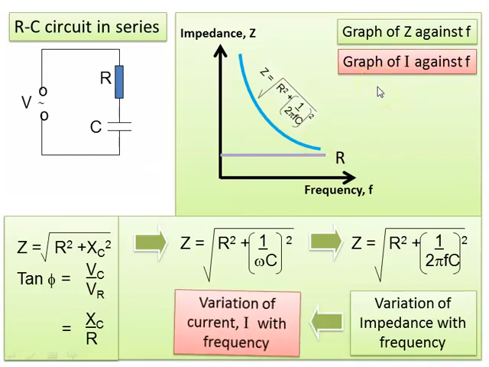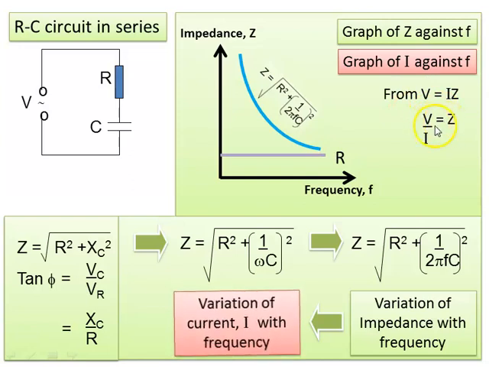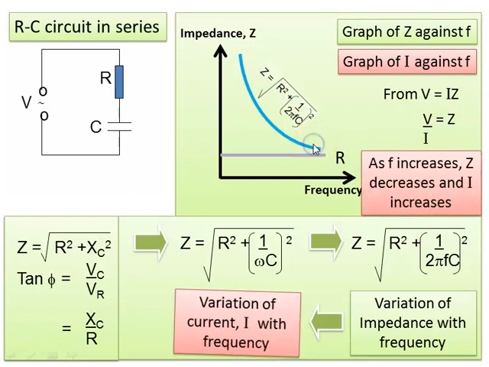Now, if we plot the graph of I against f in the same graph, from V equals Iz, V per I equals Z. So the Z here decreases. As f increases, Z decreases, and therefore I increases.